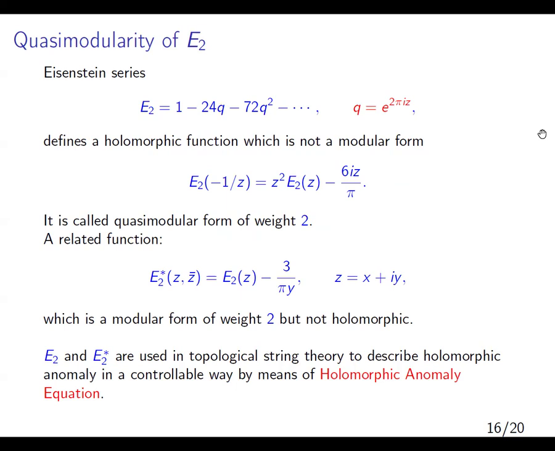It's possible to make it modular by adding some non-holomorphic part. So we have two possibilities: either a quasi-modular form, which is not just modular, or a modular form that is not holomorphic, because we added the imaginary part of z. This E2 and E2 star are important in topological string theory and describe the holomorphic anomaly.